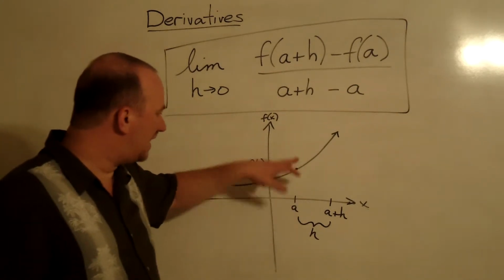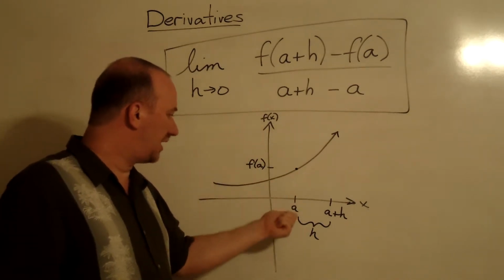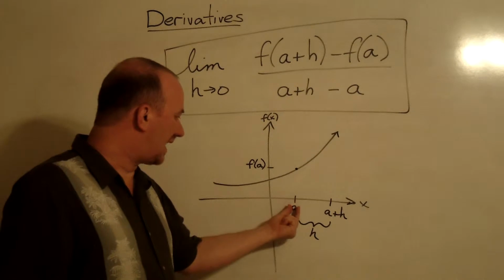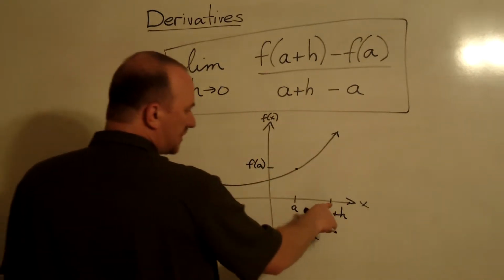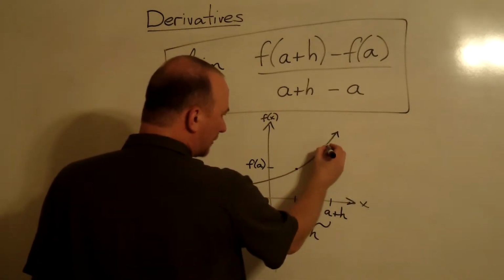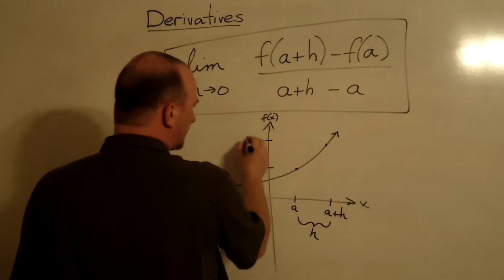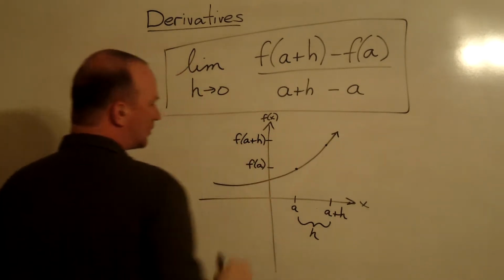Because when we put a into the function, we get the y value associated with that input. That x will give us this y. Likewise with this a plus h, when we plug it into the function, we'll get this, which is f of a plus h.